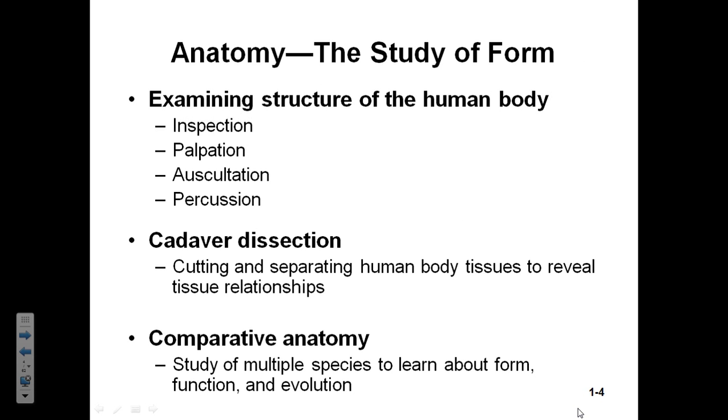Palpation is to touch. All right. And what are you touching for? You're looking for if it's a mass, if it's a lesion, if it's painful. All right. Auscultation is to listen. All right, don't they listen to your heartbeat? Don't they listen to respiration?